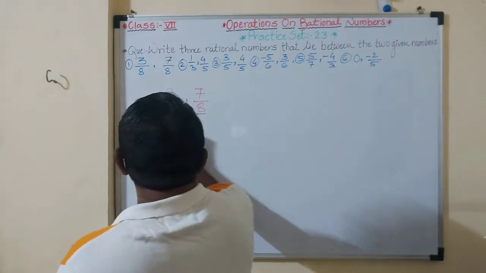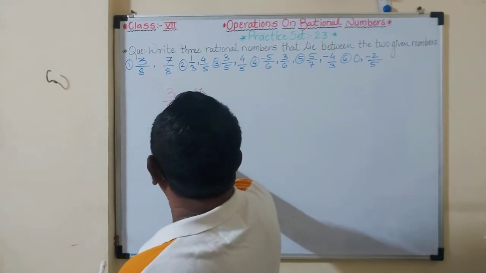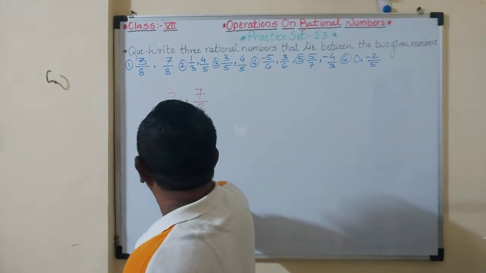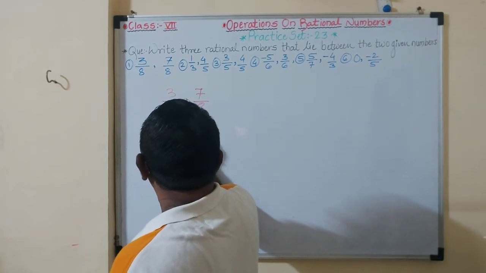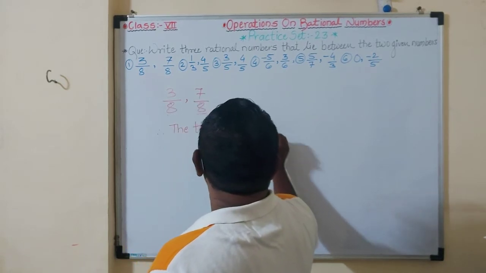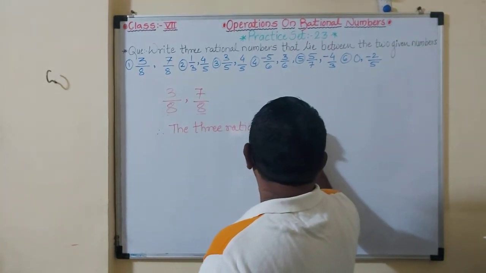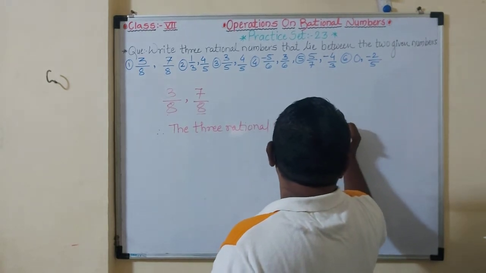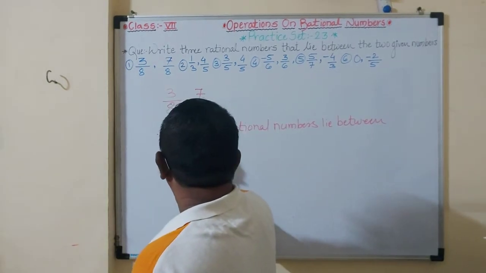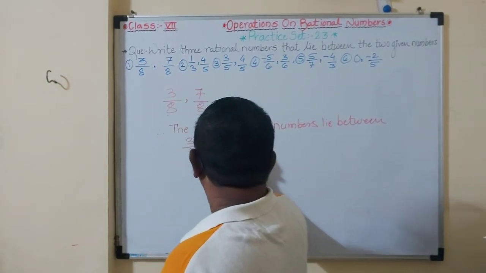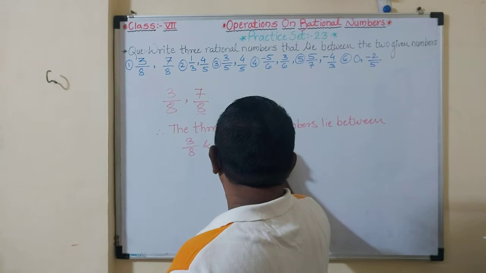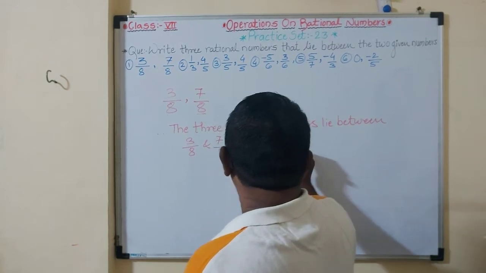So students, first write the example, the numbers, and then when you get the answer, you have to write: therefore the three rational numbers that lie between 3/8 and 7/8 are 4/8, 5/8, 6/8.